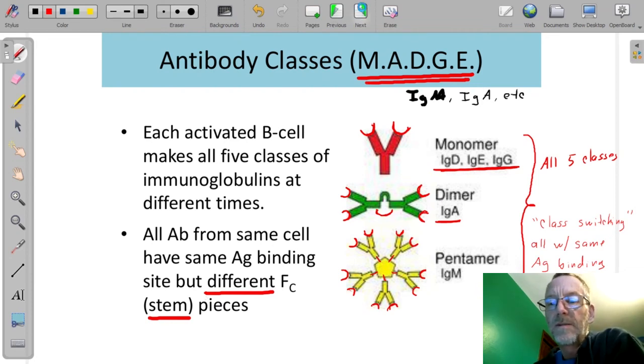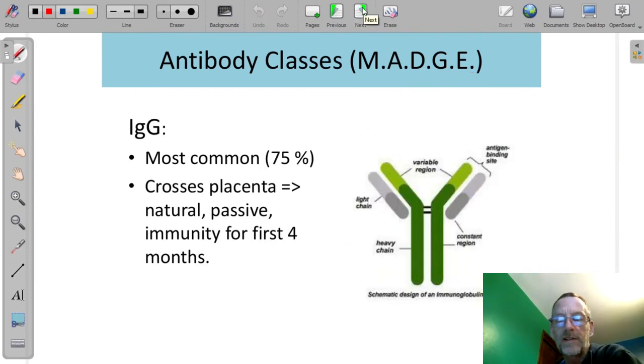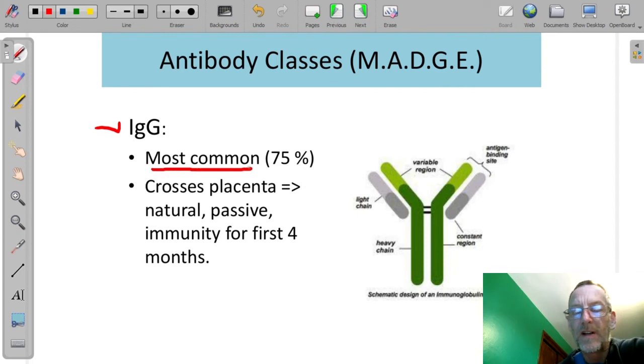Okay, next slide. We take our tour through the 5 classes. IgG are the most common in the blood, circulating in the plasma. About 75% of all antibodies are of this class, IgG. And this class is able to cross the placenta during pregnancy, in utero, go into the fetal circulation, and give the baby a fighting chance when it's born against the opportunistic pathogens that it has never seen before.